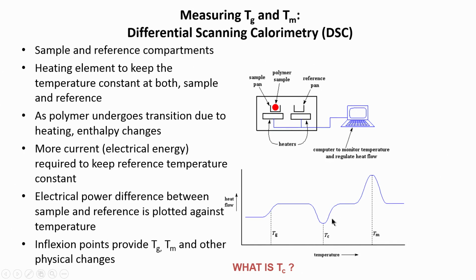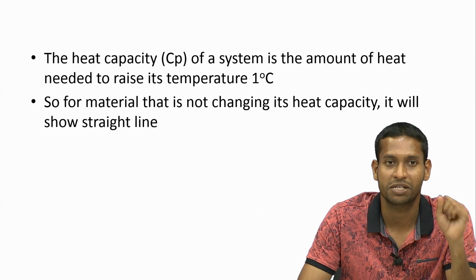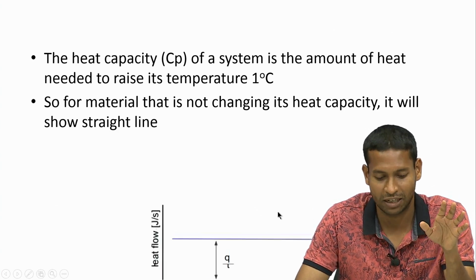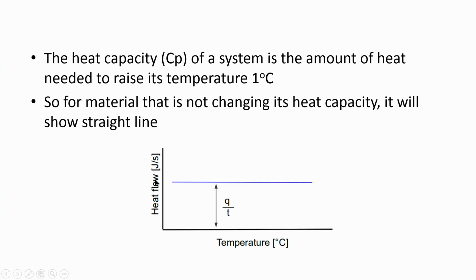So, I am going to explain this curve further. This is not a trivial curve. So, let us see. The heat capacity of a system is the amount of heat needed to raise its temperature by 1 degree Celsius. So, if the material is not changing heat capacity, this curve will look like a straight line, because you are giving a constant energy per second, and then the temperature will continue to increase by 1 degree Celsius at its particular heat capacity.